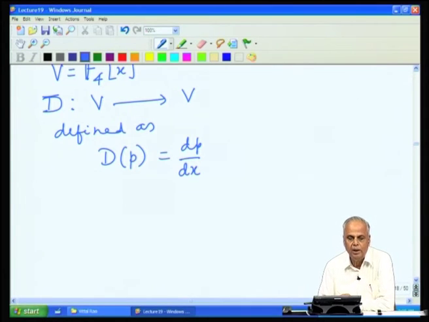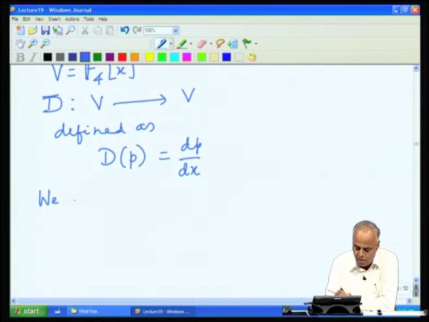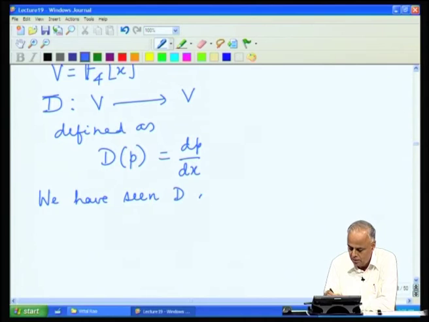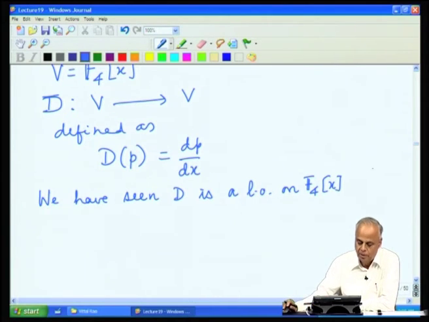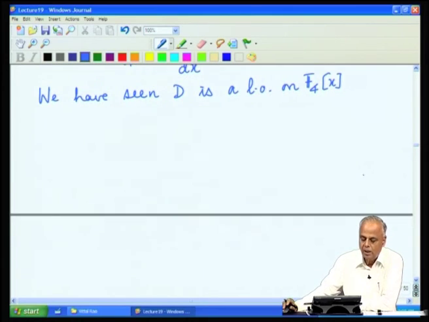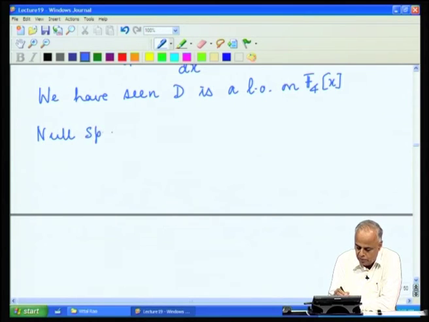We had seen in the last lecture that this is a linear operator. We have seen D is a linear operator on F4[x]. Our V now is F4[x]. So, let us find the null space and the range of this operator. So, let us find the null space of D.